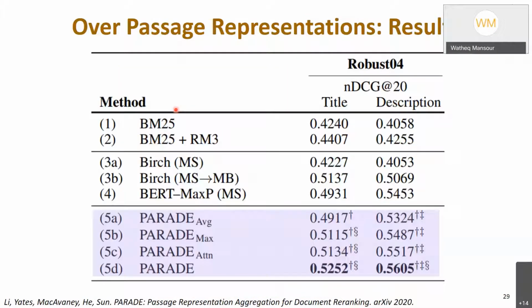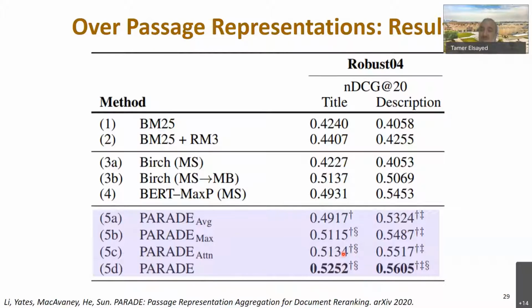Let's see the results on, again, Robust04. So you see here the four variants: average, maximum, attention, and when the name is dropped, then this is the transformer version, because that's the main approach that was introduced by Parade. The other three were just baselines. As you see here, the best was the transformer version, which is the most complicated one.